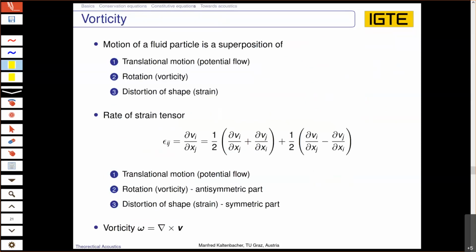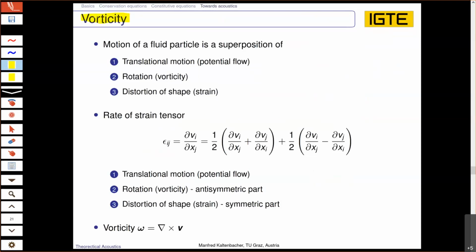Okay, so before we go towards acoustics within a flow, let's come to this very important physical quantity, vorticity. The vorticity, I think, is one of the most important quantities within a flow to describe flow structures.